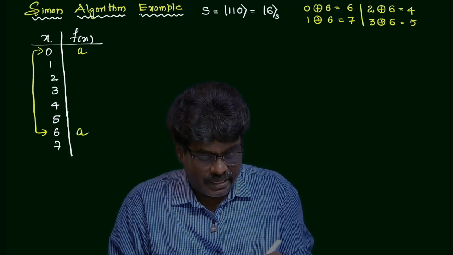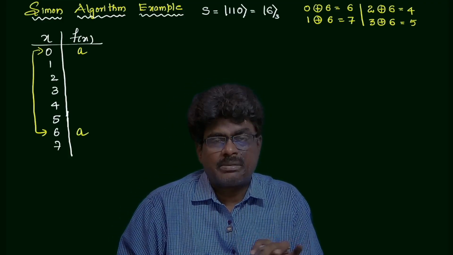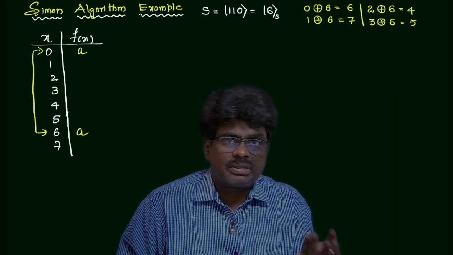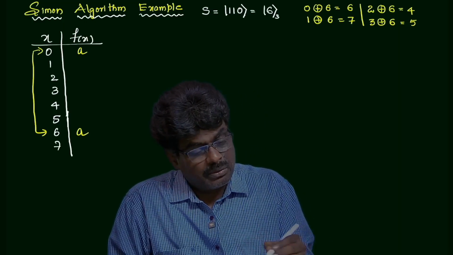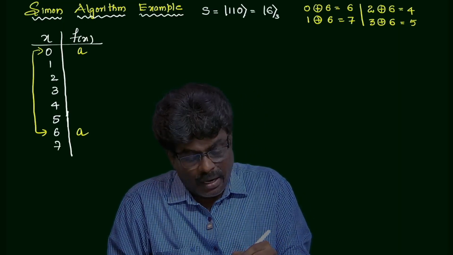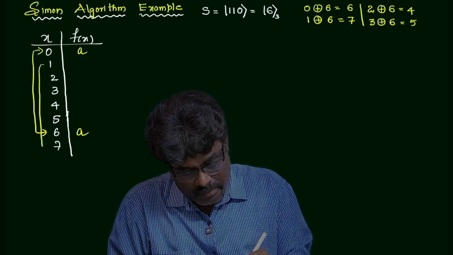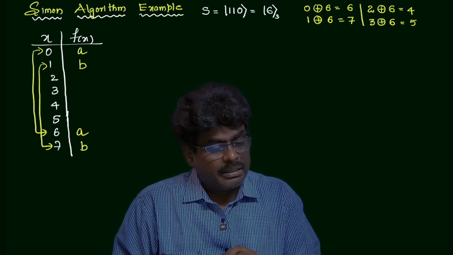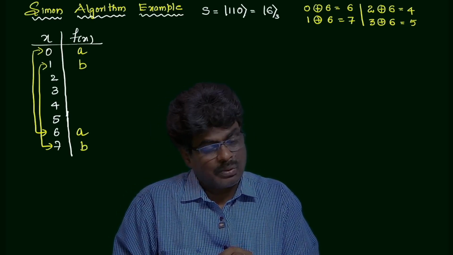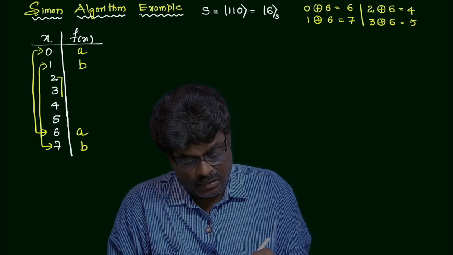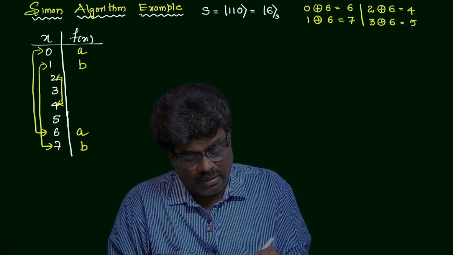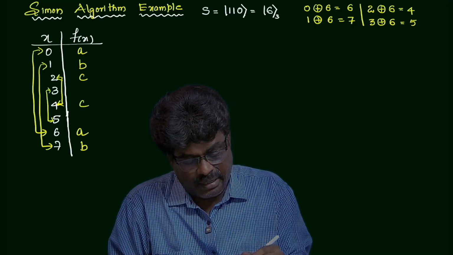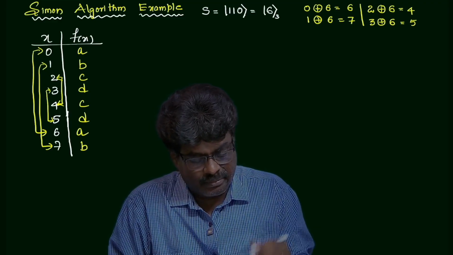I'm just writing it as some a, a decimal state, it may belong to 0 to 7, any value. The next one, 1 and 7 have the same output, let it be b. 2 and 4 have the same output, let it be C. Finally, 3 and 5 have the same output, that is D.